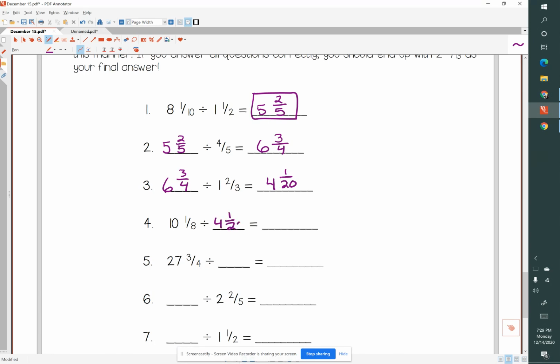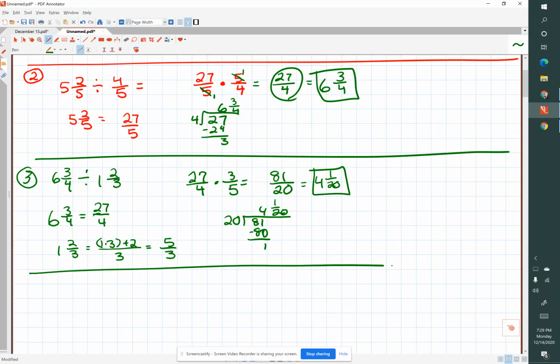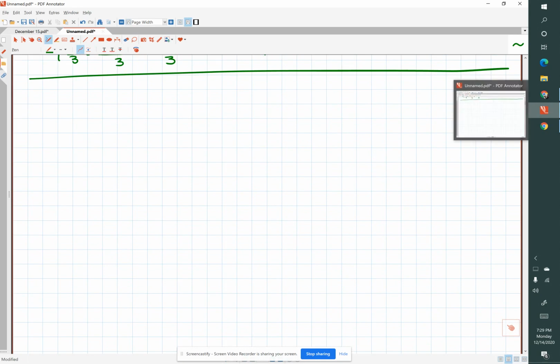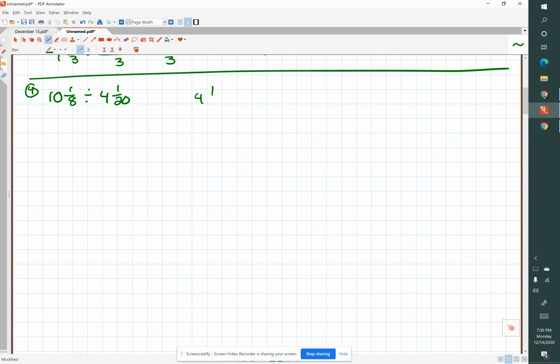Okay, let's work our next problem, problem 4. So that's 10 and 1/8 divided by 4 and 1/20. And we know that 4 and 1/20 from the last problem is 81 over 20.